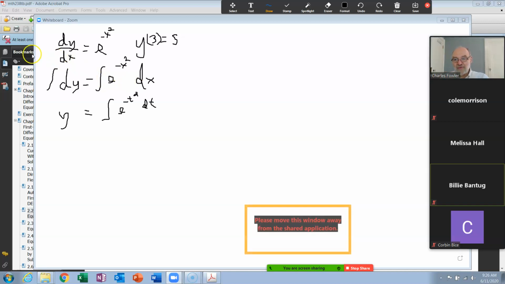What we're going to do here is put some limits of integration on this thing. We're integrating with respect to t now.